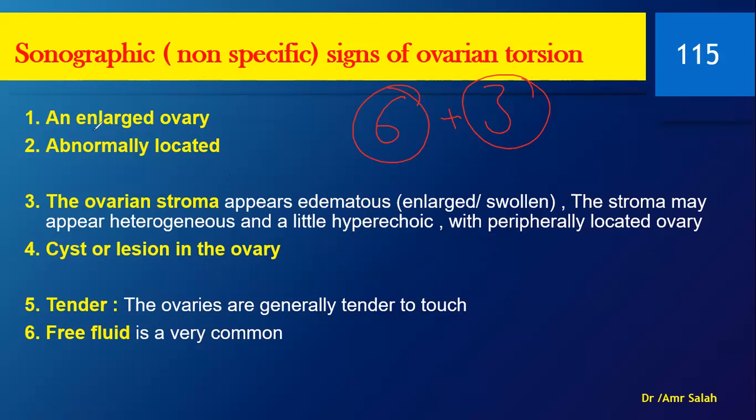First thing, that is the enlarged ovary, and then that it's elsewhere, it's abnormally located. Let's see them one by one. But you have to know that there is a very important thing: alongside all of these signs, the patient is in pain. She's having a torsion.